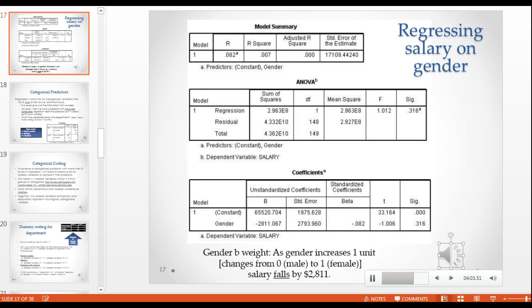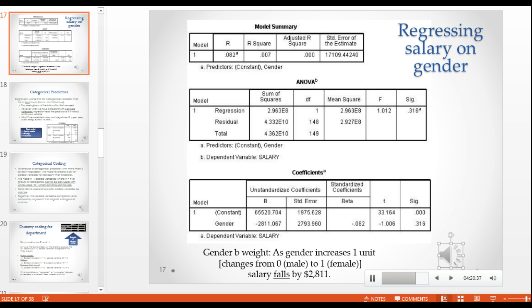And then for the B weight for gender, that's exactly the same as we have talked about before. Remember, when we move one unit up on the predictor, what happens to our outcome of interest?